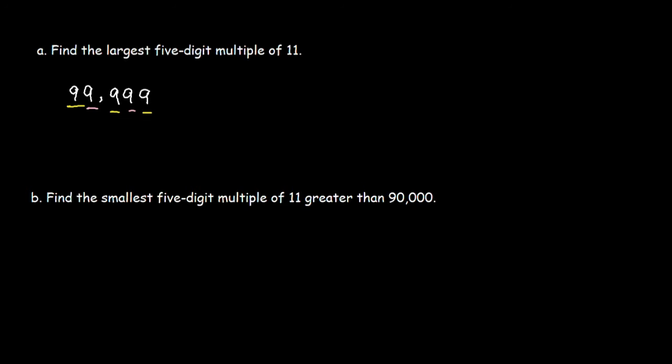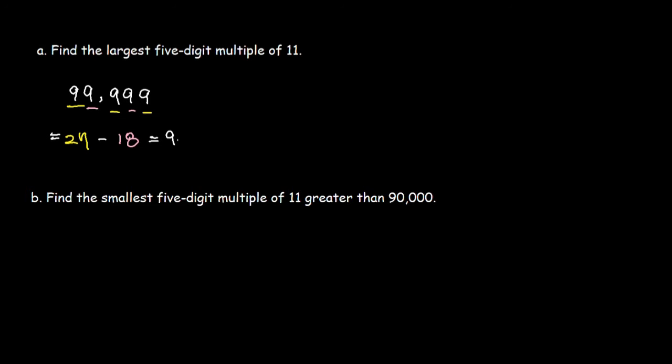So the sum of the yellow digits is 27, minus the sum of the pink digits, which is 18, which gives us 9. Well, is 9 0? No, so we can't do that one.